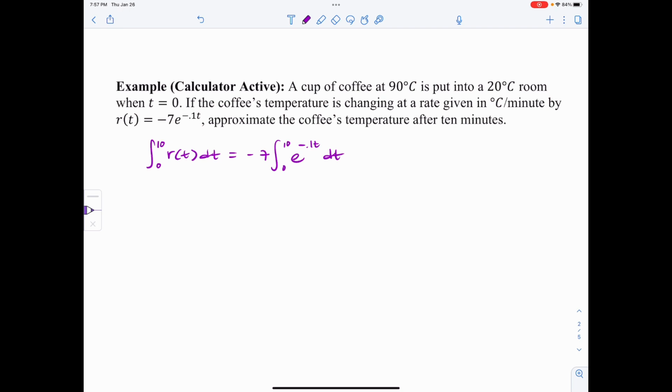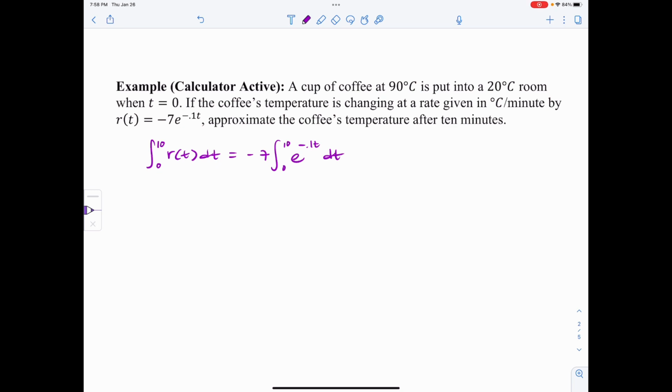You don't know how to integrate this yet by hand, but this is calculator active, so we can get an approximation of what the net change in the temperature of the coffee in degrees Celsius would be by typing this into our calculator.